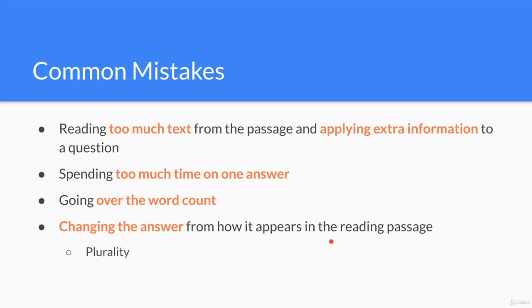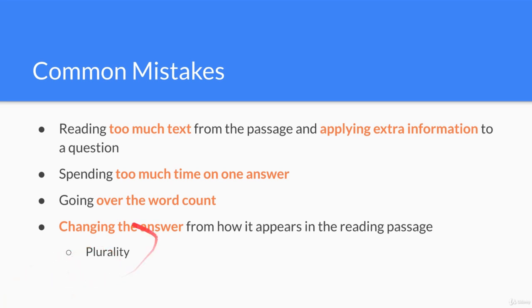So here are some of the ways in which students may change their answer. They might change the plurality. For example, the correct answer may be flower, 1 flower. But if you write the answer as flowers, you add an S at the end and you make it plural, then that's going to be marked wrong because you changed the form of the answer.